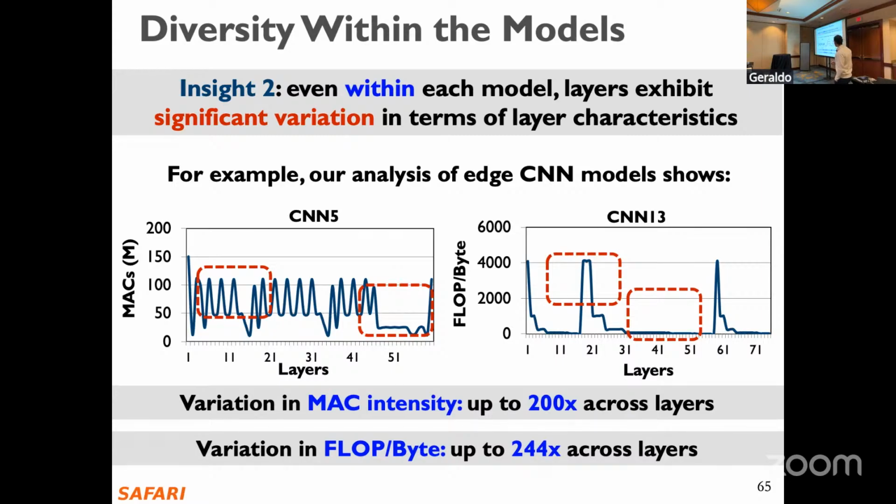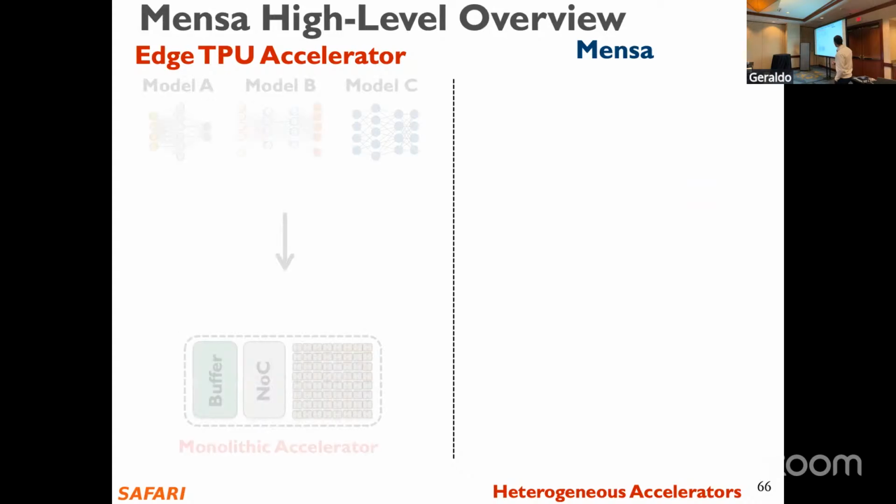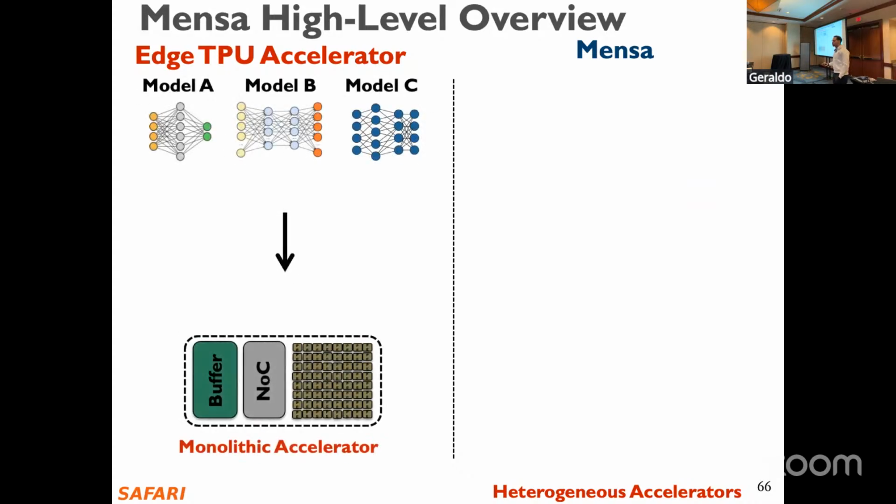So the main idea here is that the way the Google Edge TPU accelerator was designed, or the way we are designing machine learning accelerators, is that we take different models that have different profiling characteristics, and we design a monolithic accelerator to accelerate those different models.